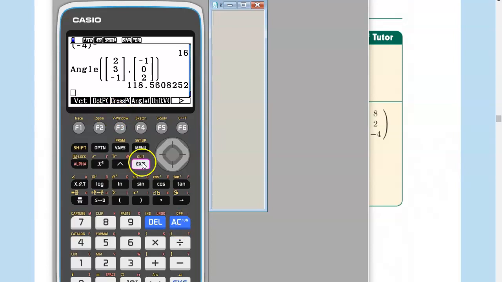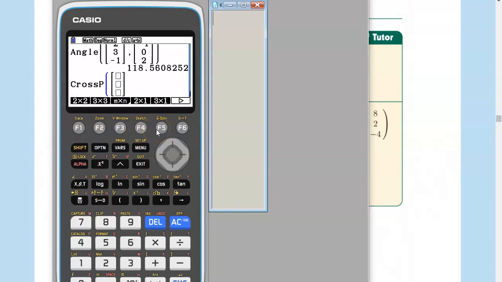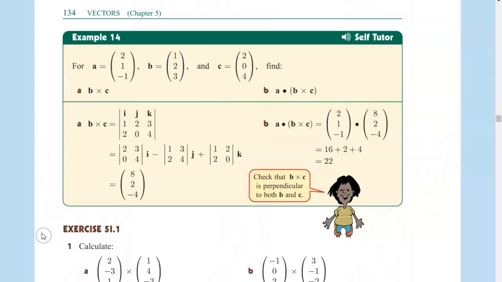Okay, so once again, option, matrices, 1, 2, cross product. And then how do I get my matrix in again? Exit, math, and then we want to go matrices 3 by 1, enter the values, and you can get it. So I want you to get a little bit proficient with using your calculator, remembering where those things are. One less thing to remember.